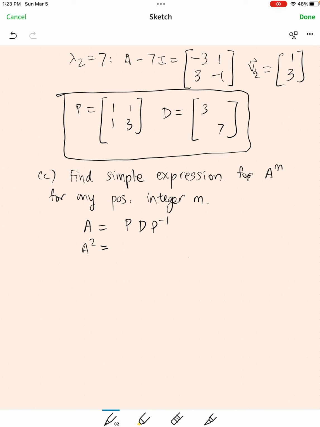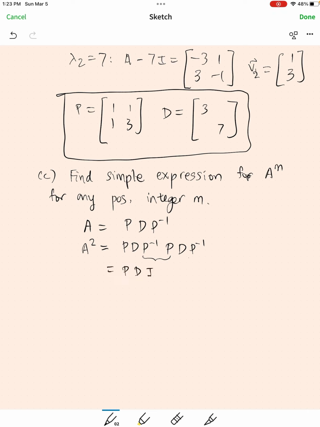Well, that's just A times A. That's this matrix times this matrix, right? Now what's interesting is that I have a P inverse times P there. And that's the identity, right?